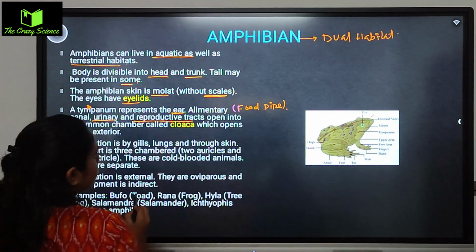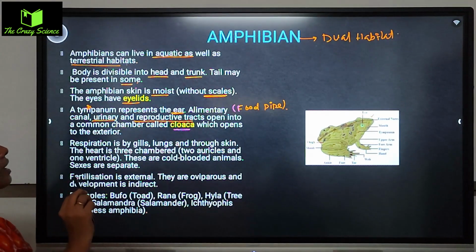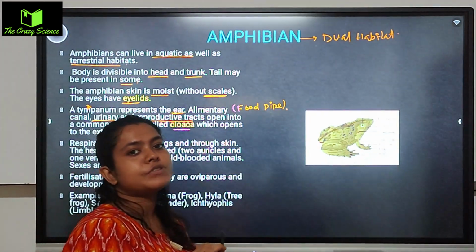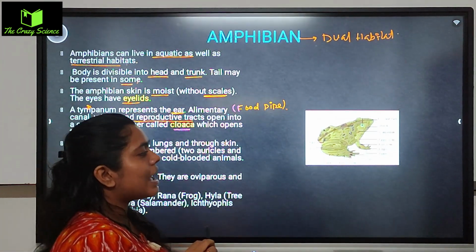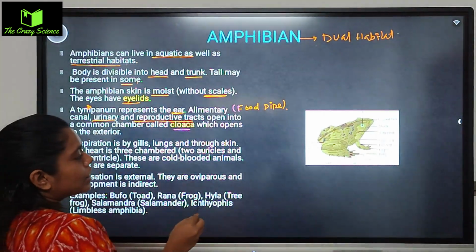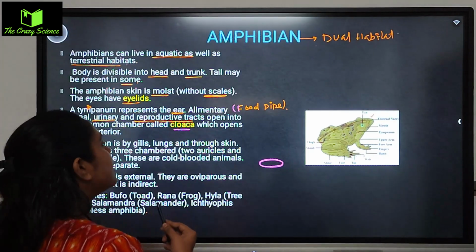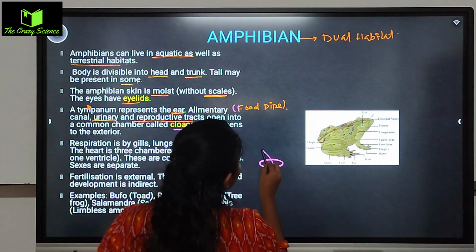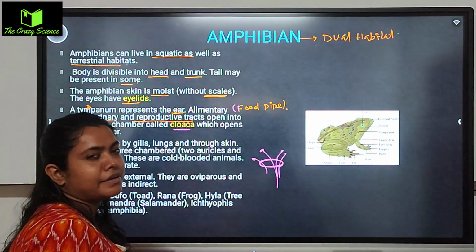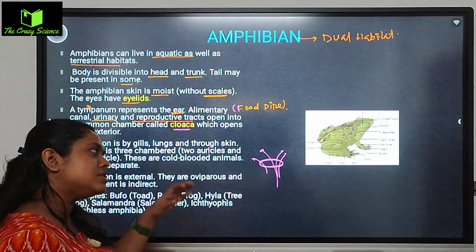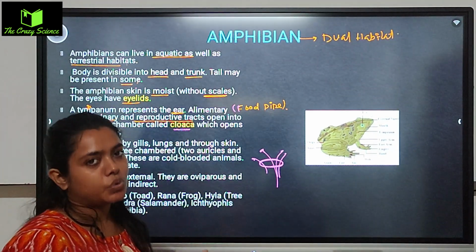Urinary and reproductive tracts open into a common chamber called the cloaca. So the food pipe, urinary tract, reproductive tract, all the tracts connect together at a particular opening, and they open outside and expel the waste materials, the food waste or the urine, everything goes out through one hole. Okay, so their body has only one hole.